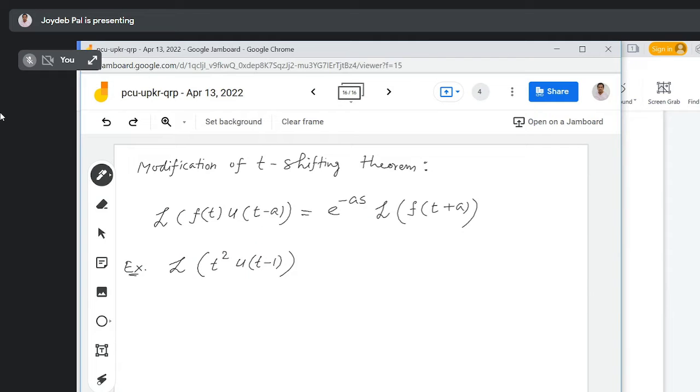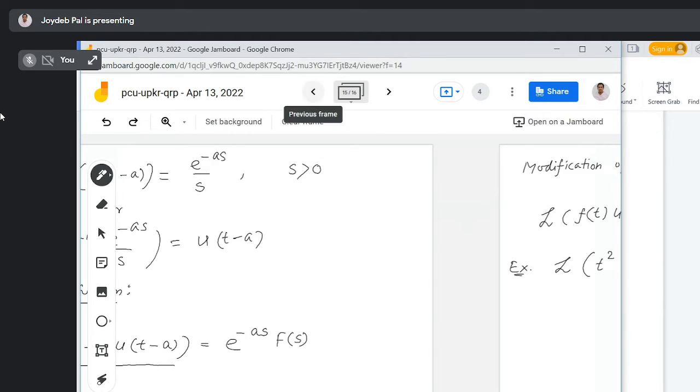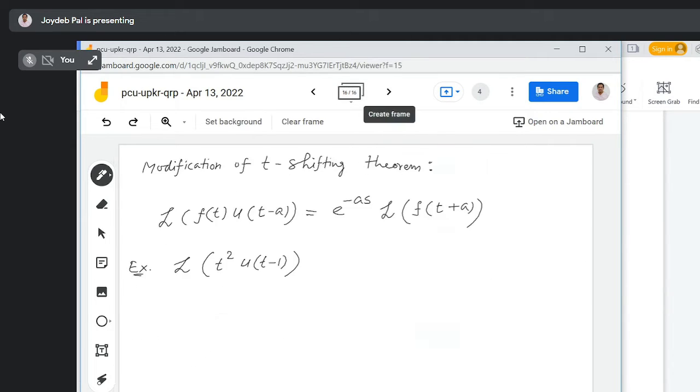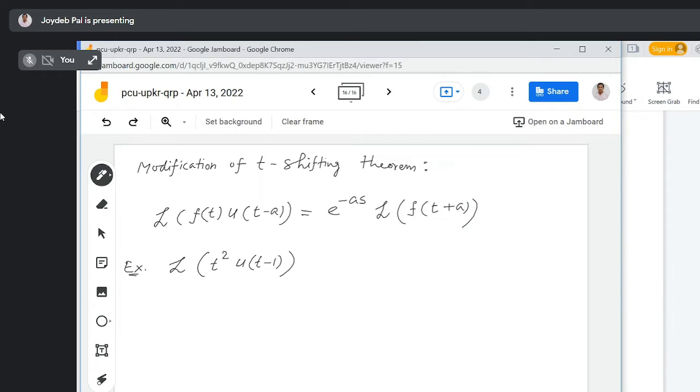Yes, sir. I am telling this using the T-shifting theorem, the main formula. By the main formula, first of all, I am showing that initially it is not possible. For that you have to express t square in terms of t minus 1. So how do we write t square in terms of t minus 1?